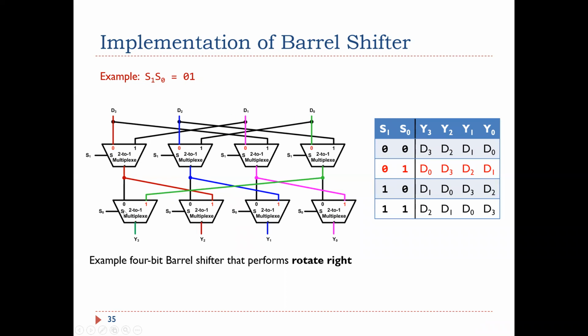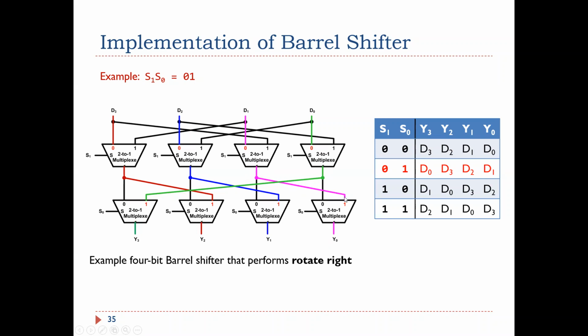But here, the fact is that we are selecting the second input, not the first input. The second input is coming from the second multiplexer. So we're not selecting D0, we are selecting D1 here.